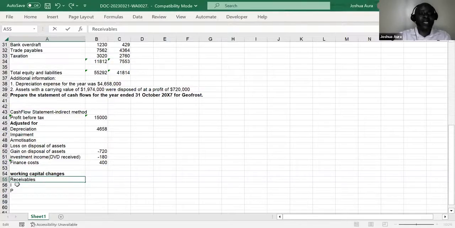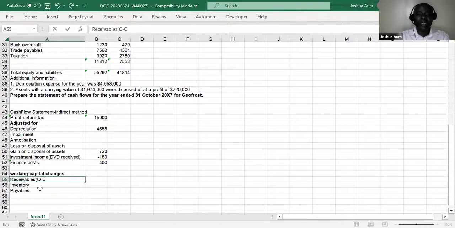Then we have inventory. Then we have the famous payables. And remember that for receivables, we talk of O minus C.